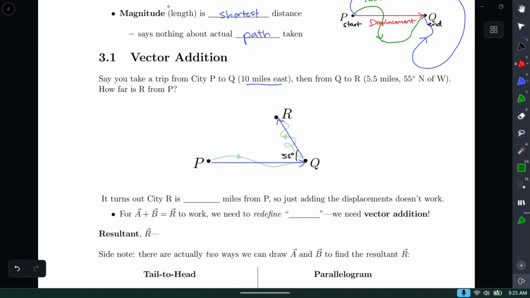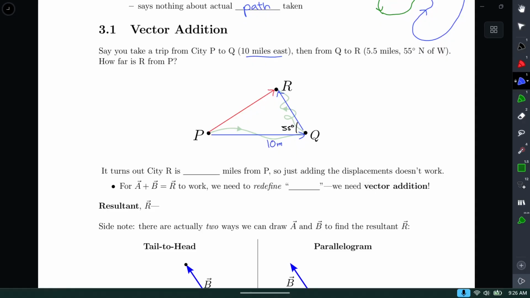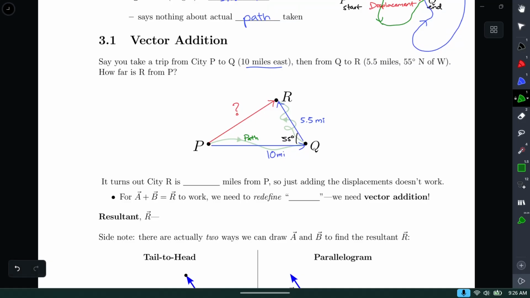The question is, how far is city R from P? So this is 10 miles. This is 5.5 miles. Any ideas for this? And then the squiggly line is, again, the possible path you could have taken. It can be something very different from these displacements, these direct paths.